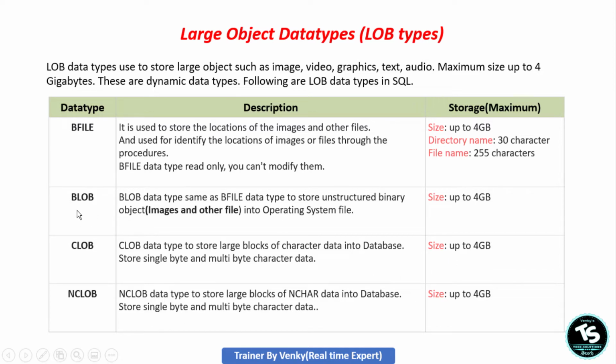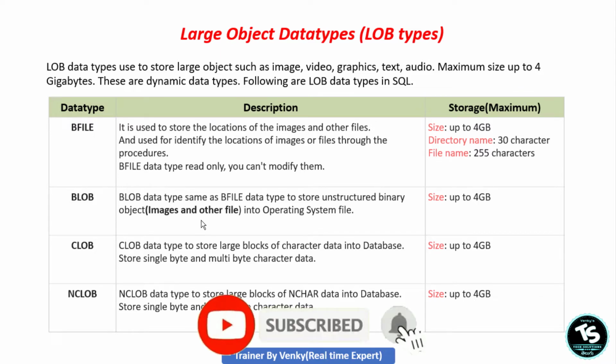Next, BLOB. What is BLOB? BLOB is the binary large object. I already explained what a binary object is: unstructured binary objects like images and other files such as videos, text files, and PDF files. If you want to insert any file from our operating system, that is, from our local machine, into the database, you must use the BLOB data type. For example, Oracle is one folder, and this is a PDF file, this is a text file, this is a Word file.